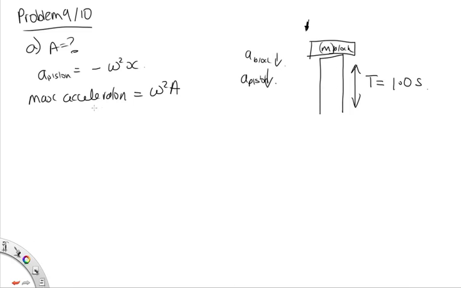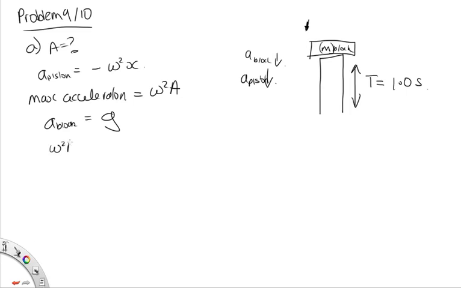Now the acceleration of the block is constant, it's just given by g. Well, that's the maximum acceleration. When it's in contact with the piston will stop it accelerating this much. Okay, so our limiting case is when these two are the same.